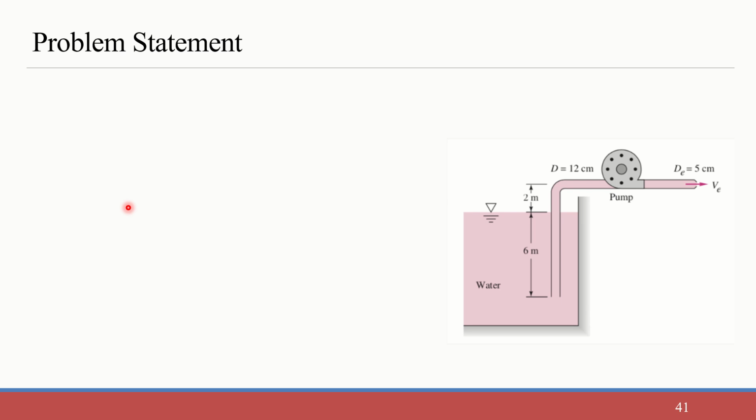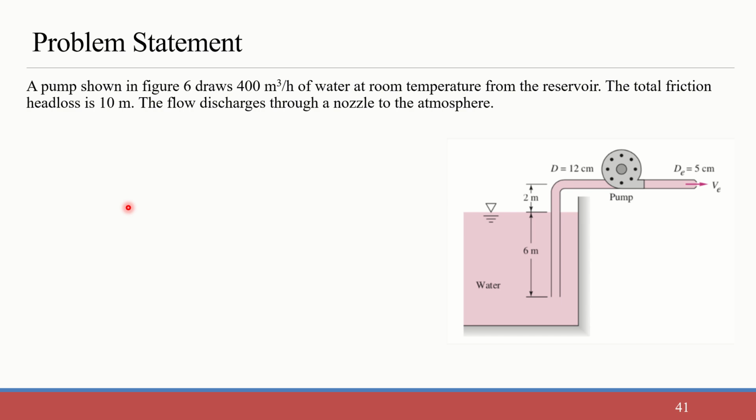Here again, we will see the statement first. A pump shown in figure 6, this is that particular figure, draws 400 meter cube per hour of water at room temperature from the reservoir. The total friction head loss is 10 meters. Flow discharges through a nozzle to the atmosphere.